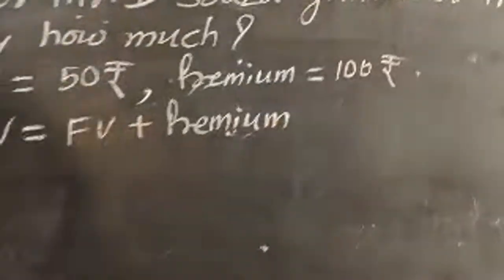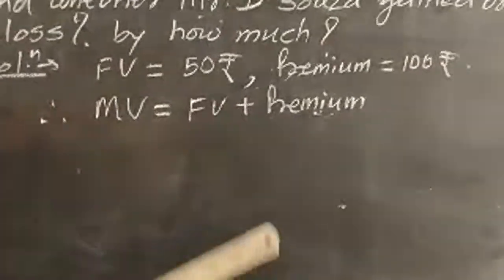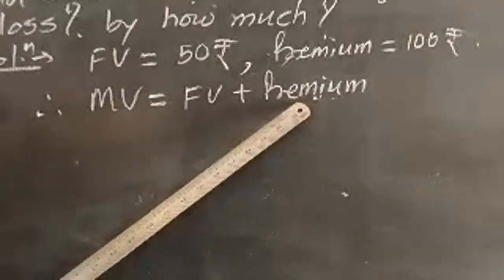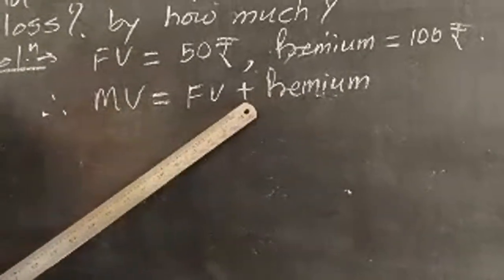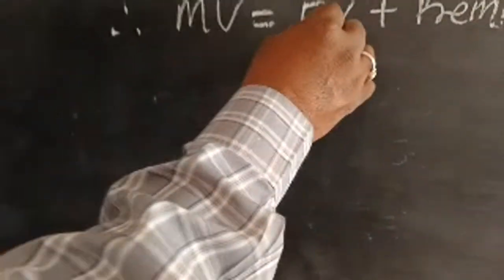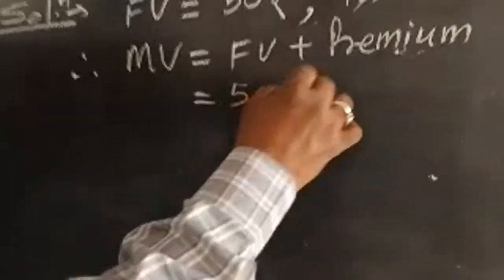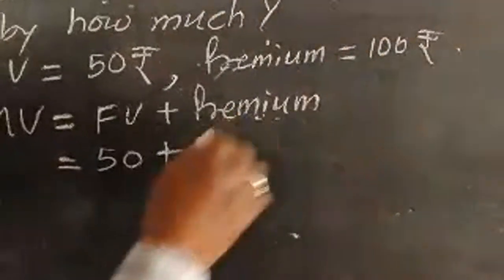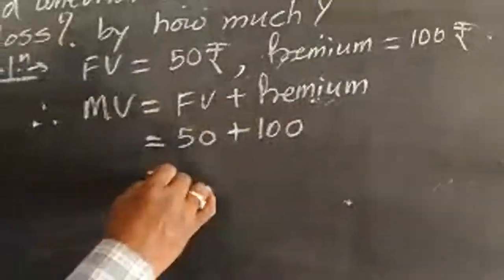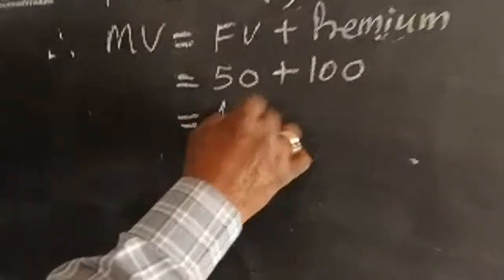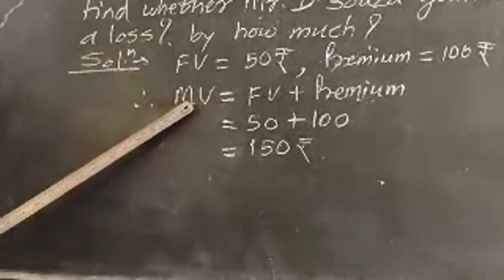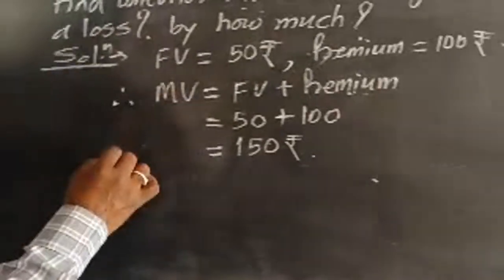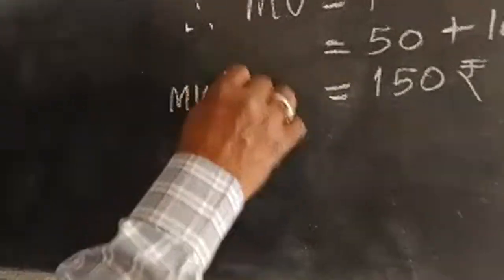Premium means that the share increased, and increased means addition. Face value is 50 plus premium is 100, and we get 150 rupees as the market value of one share.